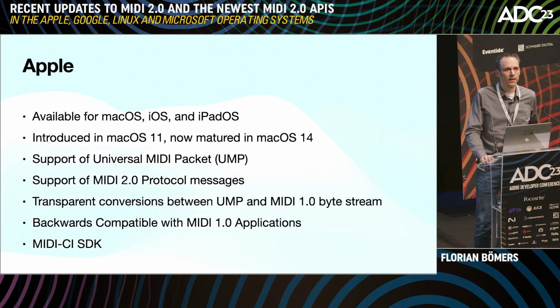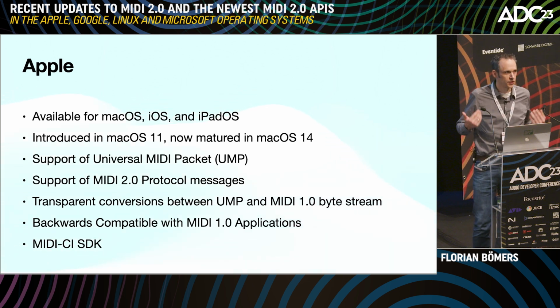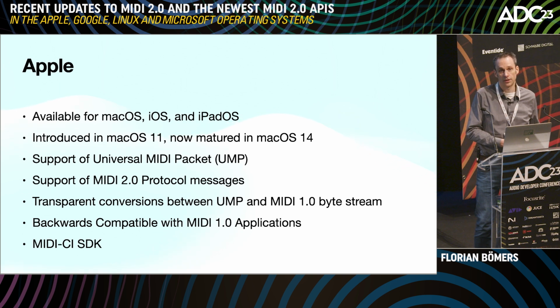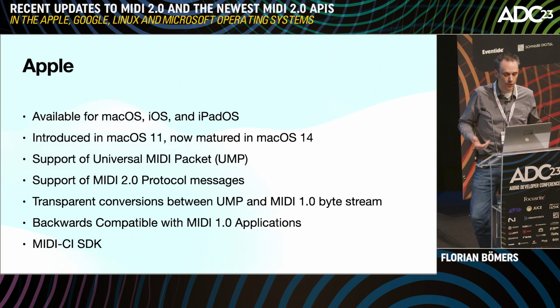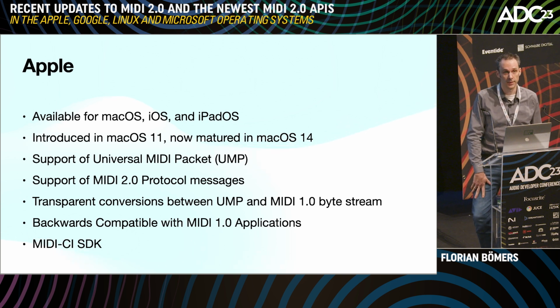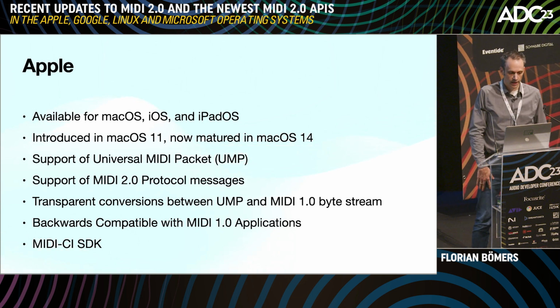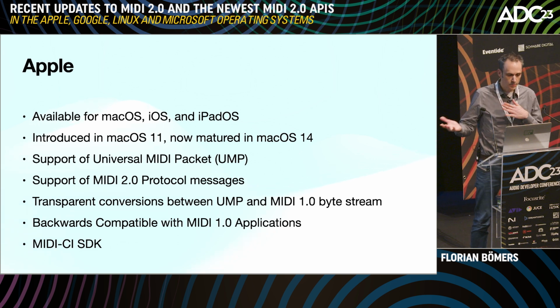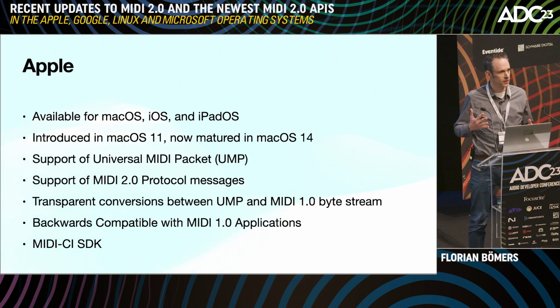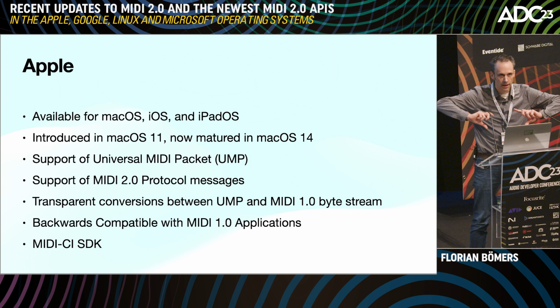On Apple, they were the first, already a couple of years ago, they implemented MIDI 2.0 in macOS, iOS, and iPadOS. And every new version of their operating system saw great improvements from MIDI 2.0. They have a USB MIDI 2 driver and transparent handling of MIDI 1 and MIDI 2 devices, also of software.